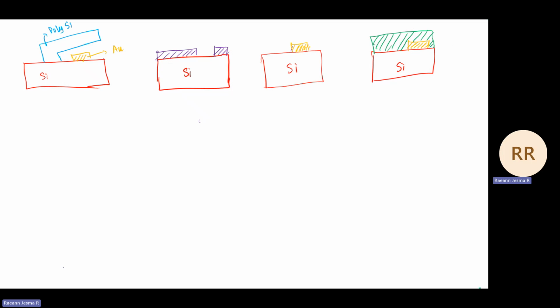After this, you want to have some region where you can anchor your cantilever, right? So you will have to pattern this sacrificial material again.